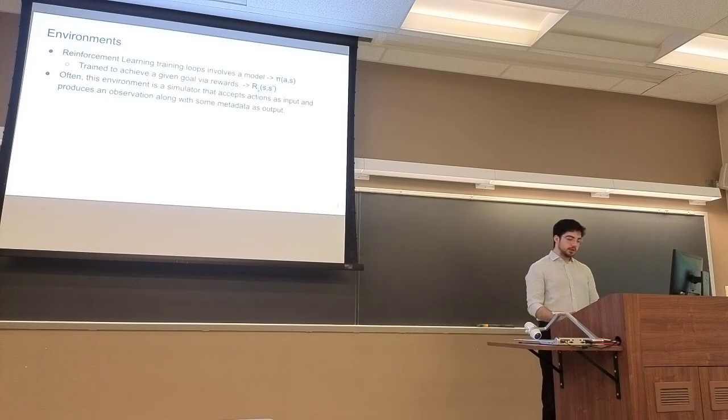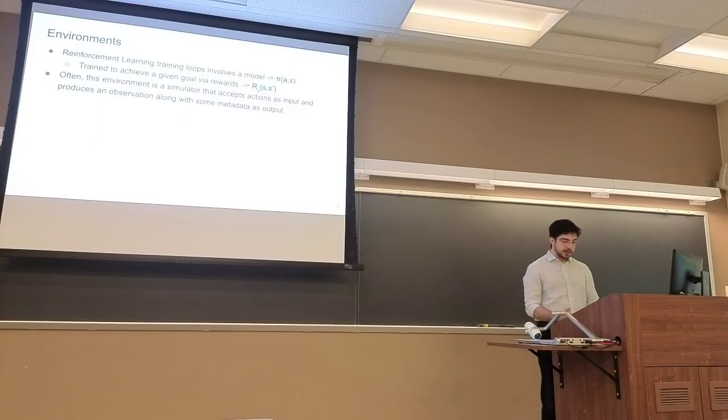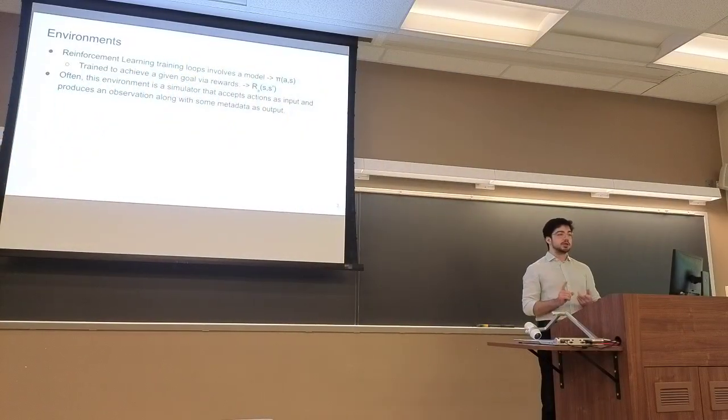How we usually do it in this course and in many reinforcement learning applications is we have a simulator that accepts actions as inputs and produces an observation along with metadata of output. This could be the reward signal, this could be done information. It used to be done, then they changed it to truncated and terminated.